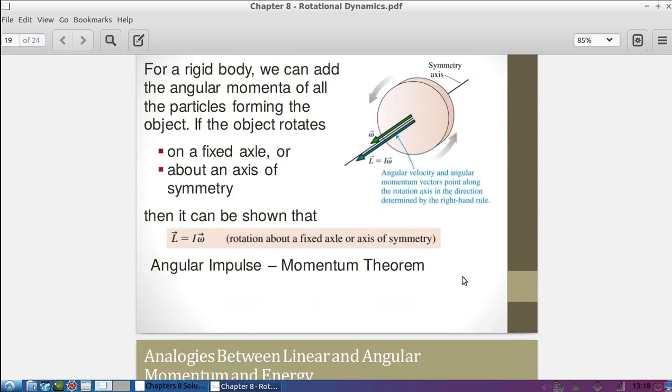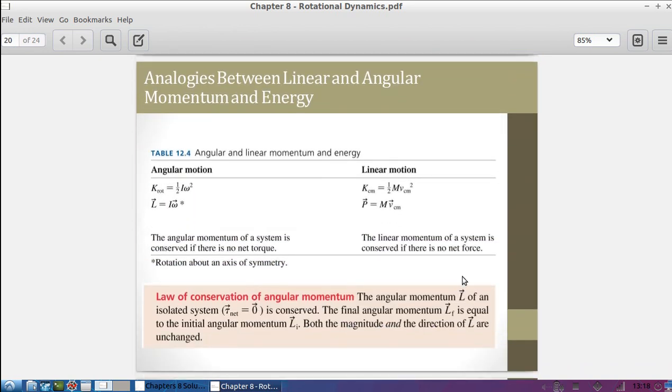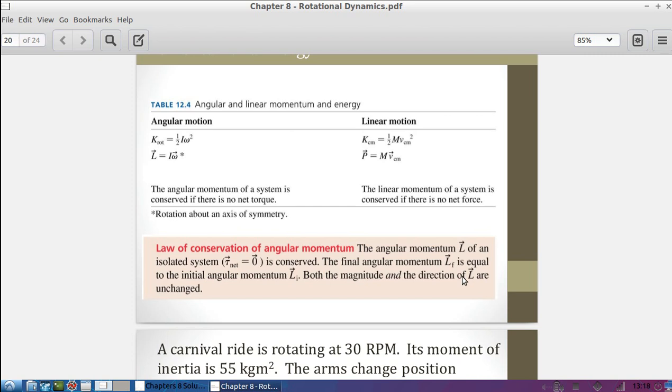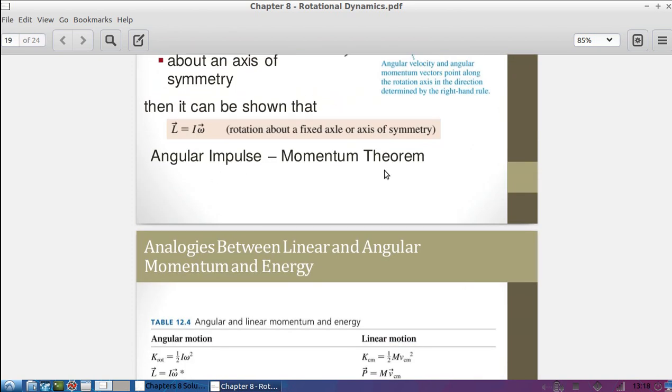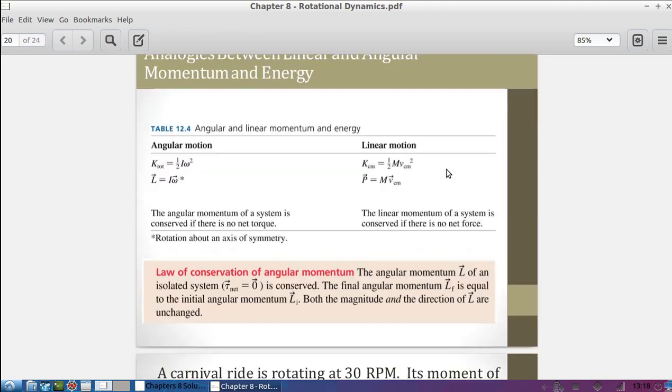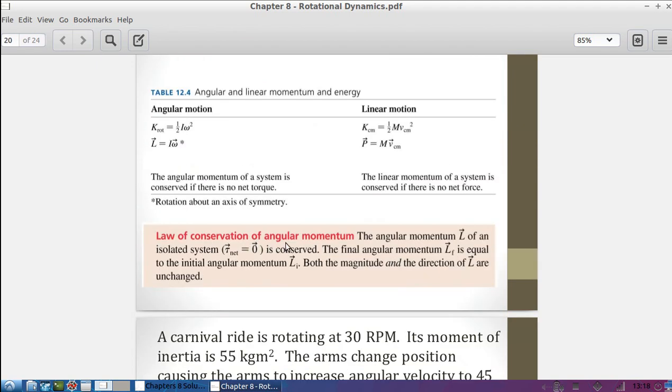So we'll see the similarities between linear momentum and angular momentum, particularly with these two properties: the angular impulse momentum theorem, which I'll derive, I have it in the solutions, and the law of conservation of angular momentum.